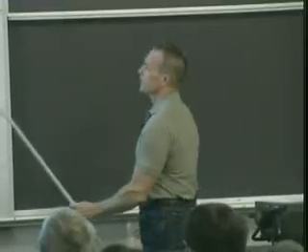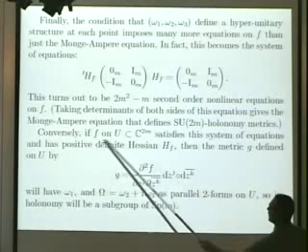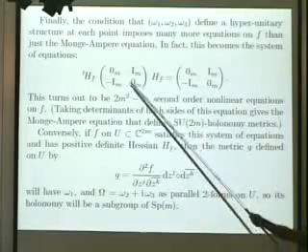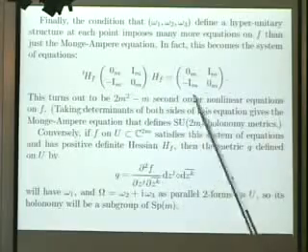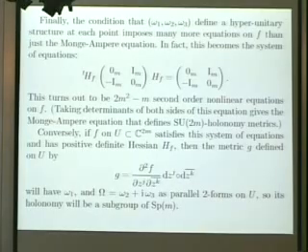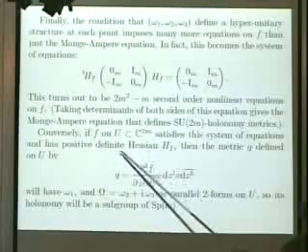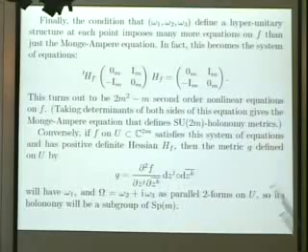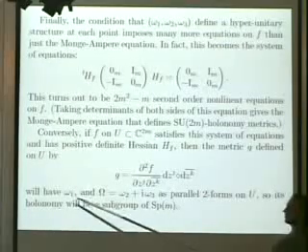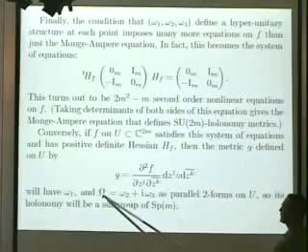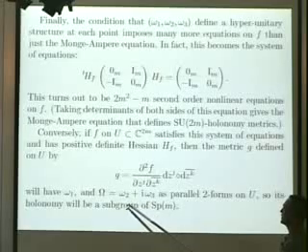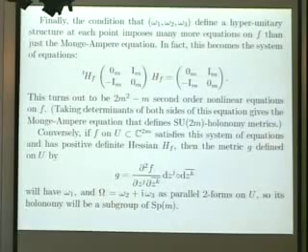Conversely, if you choose a function on an open set in C^2m, and suppose that its complex Hessian satisfies this set of equations, and the Hessian is positive definite, then when you write down this metric, the corresponding omega 1 that we wrote down on the previous slide, and capital omega, the constant coefficient thing that we wrote down on the previous slide, are all parallel with respect to this metric.